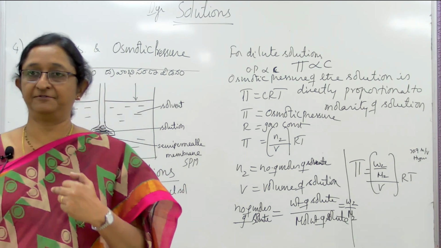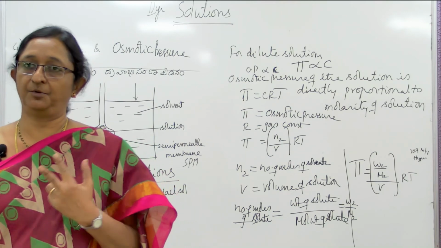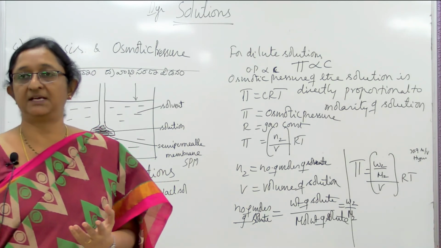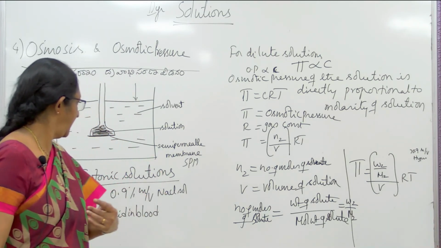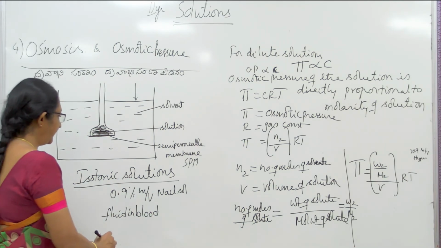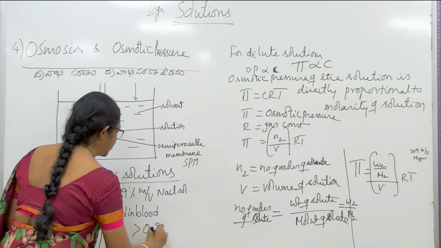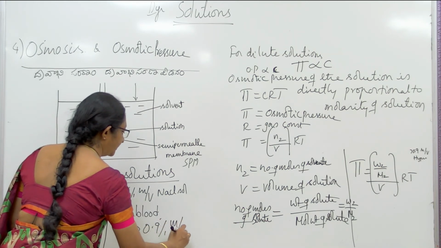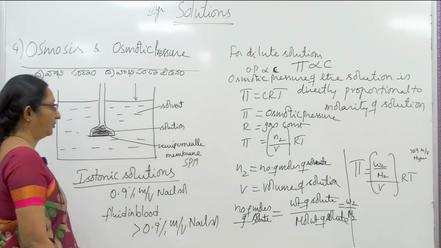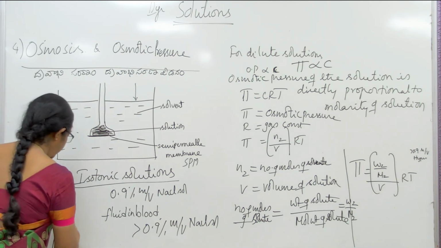Example: 0.9% mass by volume sodium chloride solution and the fluid in the blood have the same osmotic pressure. That's why we can give saline through injections, because both are suitable and it is convenient for the person who takes it.